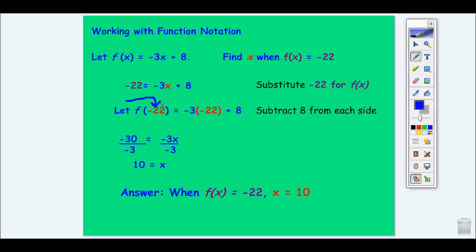So this is saying, what is the work of negative 22? Well, we substituted it in for x. So we have negative 3 times negative 22 plus 8. Now we're going to go ahead and simplify that.